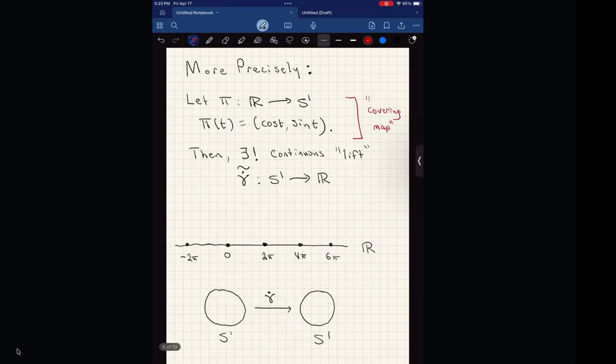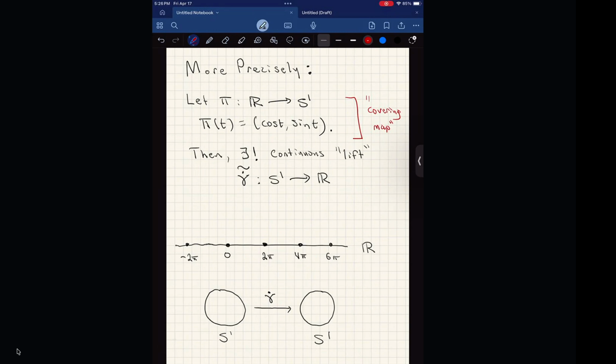What is the real definition? For the real definition, we have to have a better notion of angle instead of a number between, let's say, 0 and 2 pi. We have to go to the real line. So what is the idea? How is this done in topology? One looks at what's called a covering map.